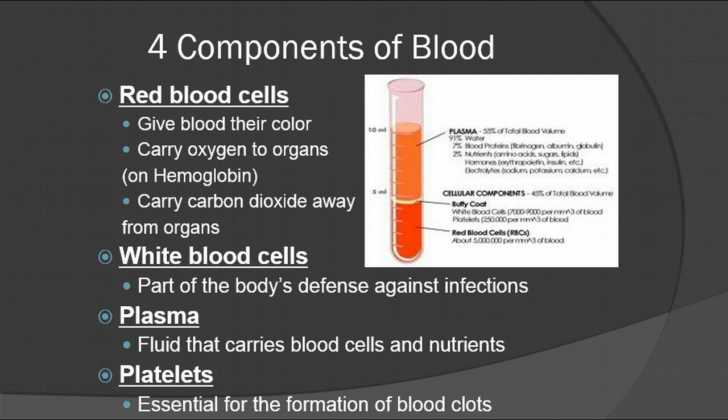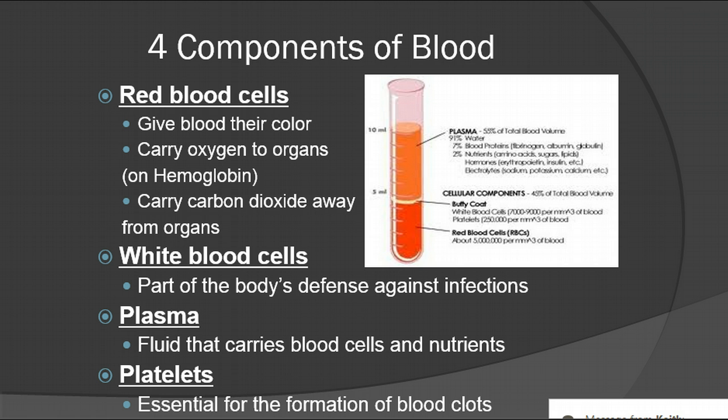So let's talk a little bit about blood. Blood contains 4 different components, and you'll see it right here. There are red blood cells, white blood cells, plasma, and platelets. And if you take a look at the figure right here, you'll see a little bit more information about the different components of blood.